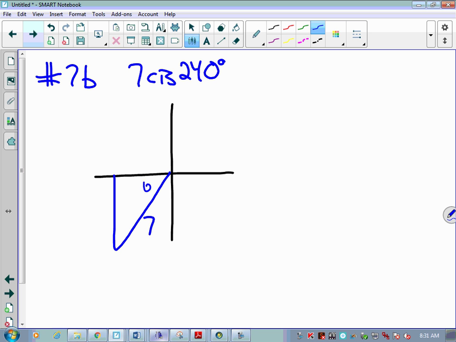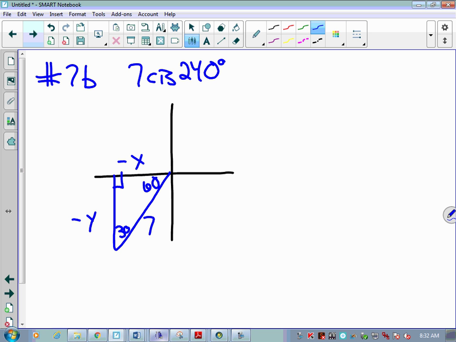60. Okay? What's nice about this is that, yes, we can use sine and cosine to find our negative x and our negative y, but because it's a 30-60-90, I actually don't even need to do that.